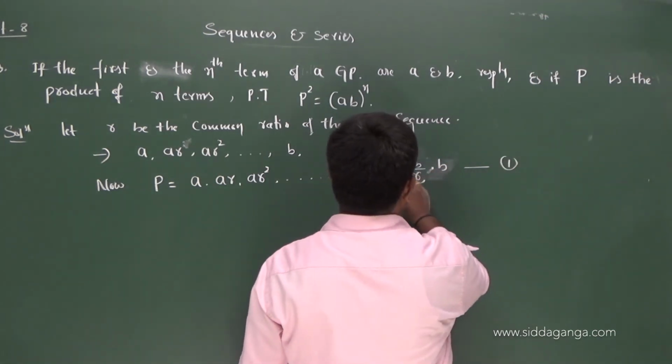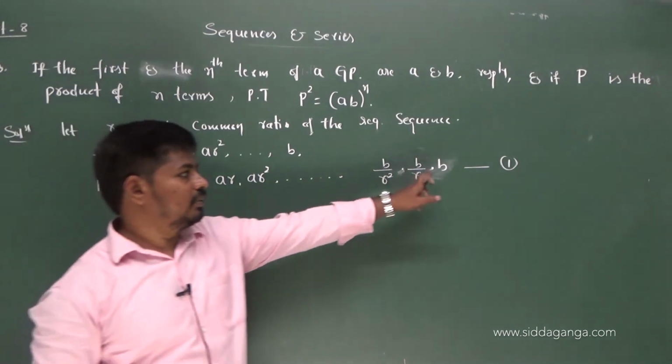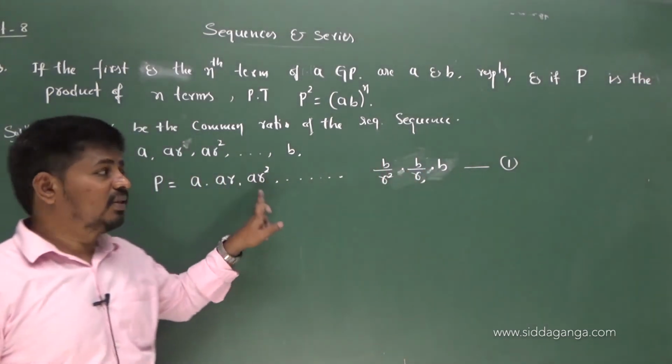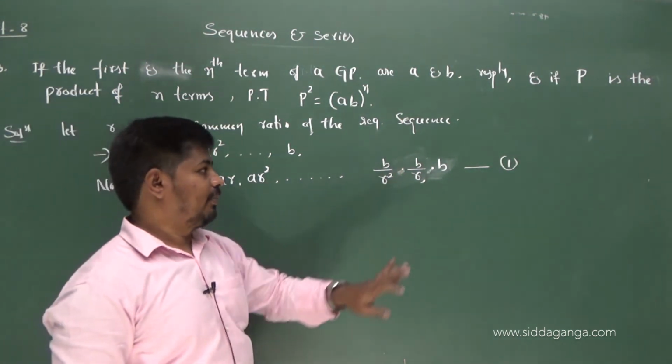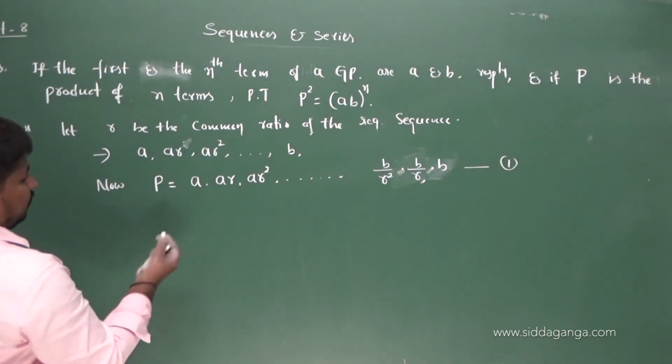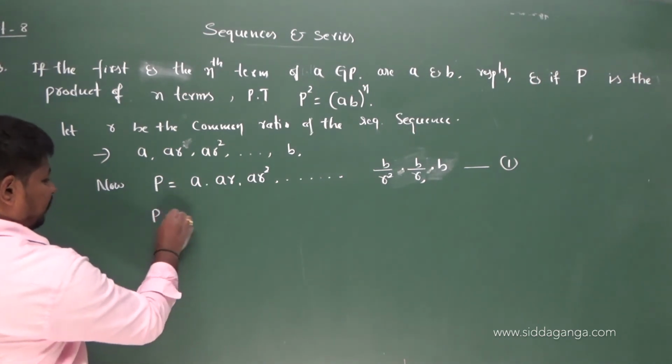This is the product of the n terms, because the nth term is B, so P is equal to A into AR into AR square and so on. Now I'm going to rewrite P from the backwards.